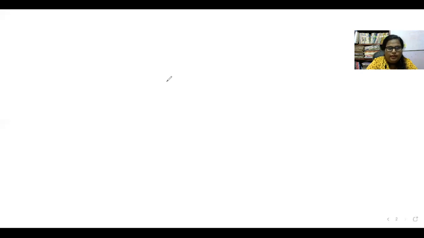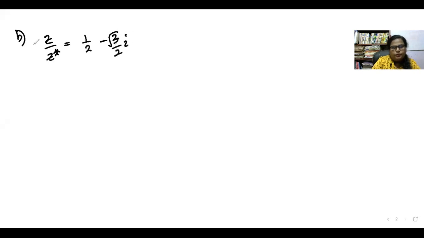So in our question, this is part B, you have to find the modulus value of this z over z star. We have proved that this one is half minus square root 3 over 2 i, right? So we have to find the modulus value of this complex number.